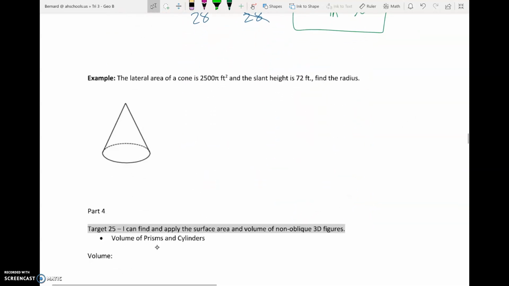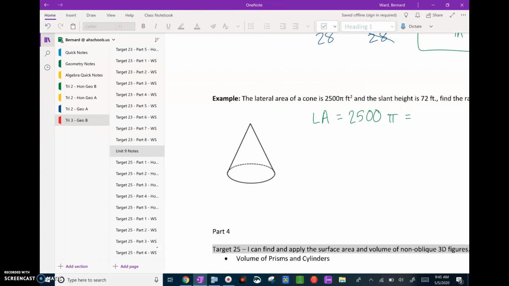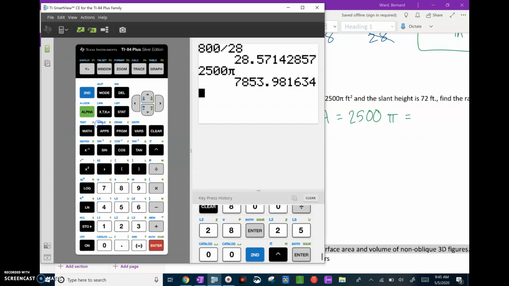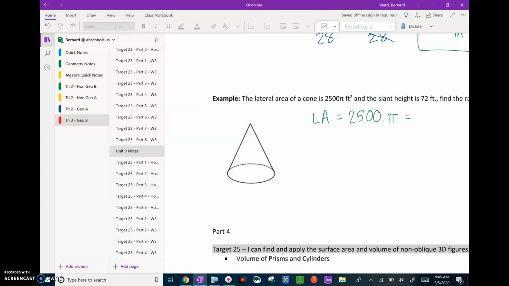Lateral area of a cone is 2,500 pi. So LA equals 2,500 pi. Now, real quick, I'm going to go to my calculator and figure out what that is without the pi. 2,500 pi equals 7,853.98.